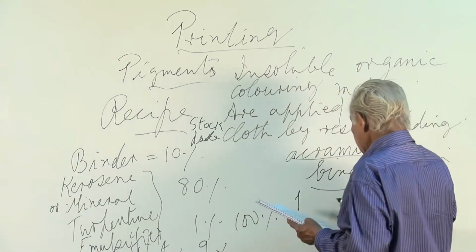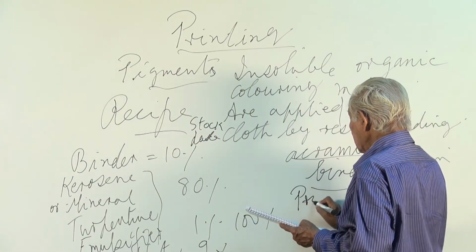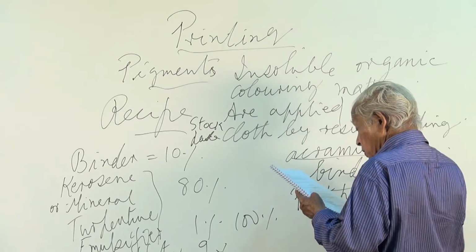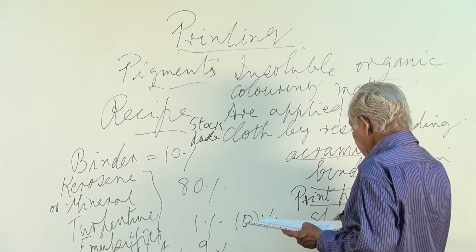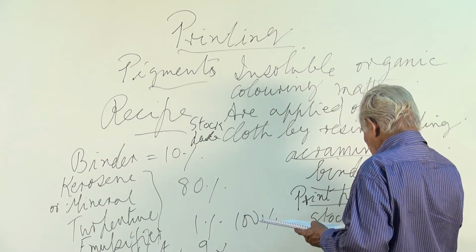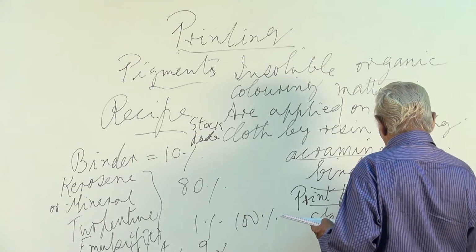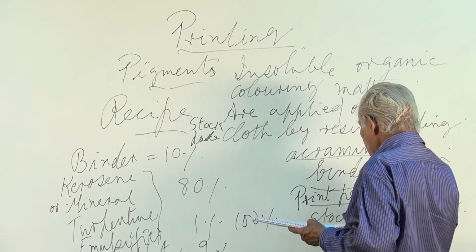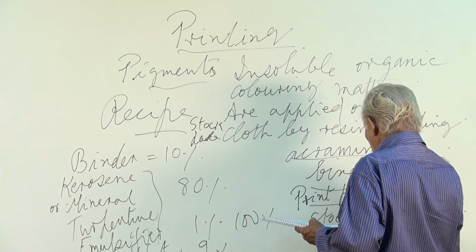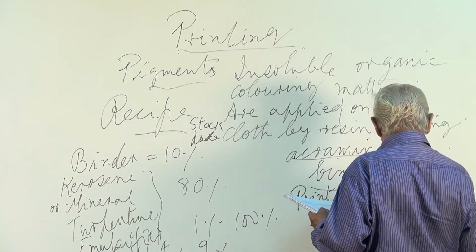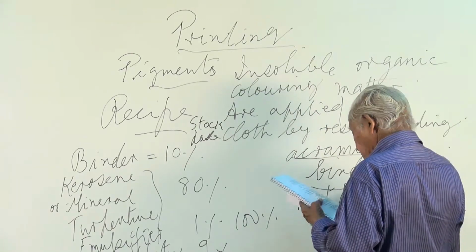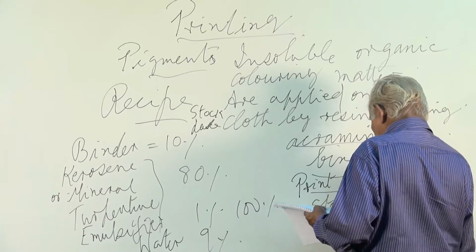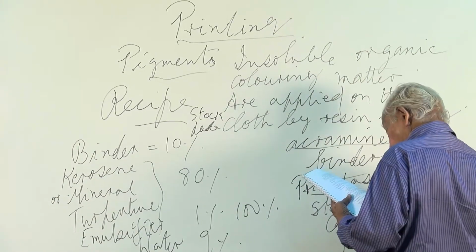So the print paste consists of stock paste 95%, catalyst 1% and pigment dye X%.